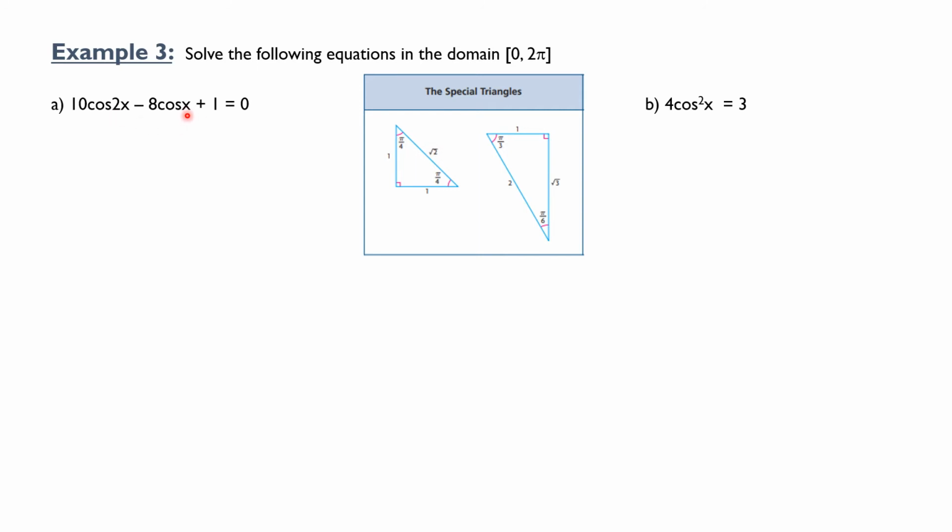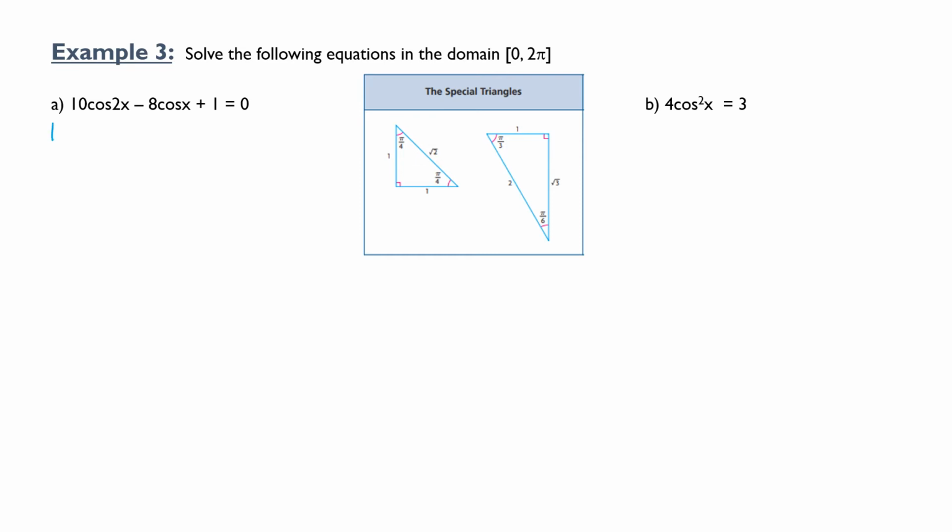We're going to need to go with a single angle. Both are cos, so that's good, but I still have the problem of double angle. However, you look at your cos 2x, you look at your double angles, and you'll see lots of things we can trade out with, and we want to switch it with something that's going to match with this cos single x angle here. So hopefully you have found the same thing that I found, and we're going to use 2 cos squared x minus 1.